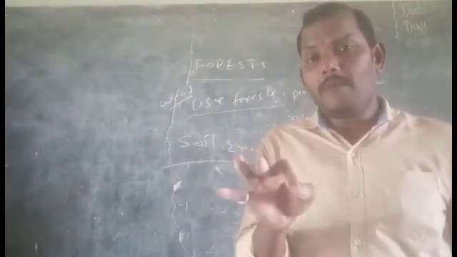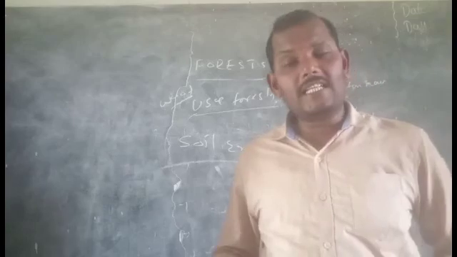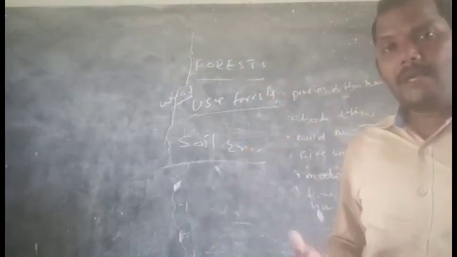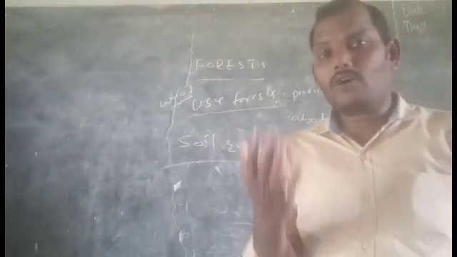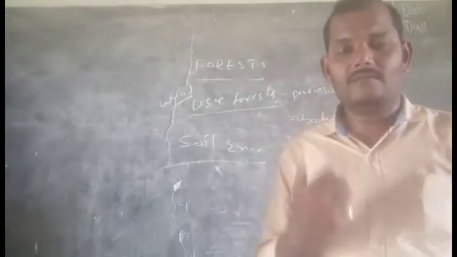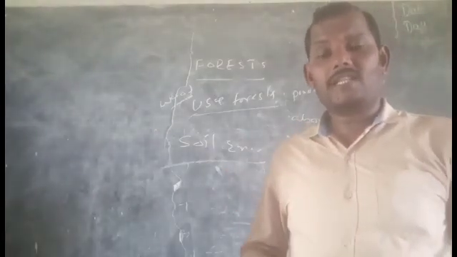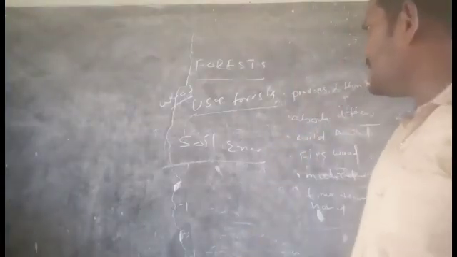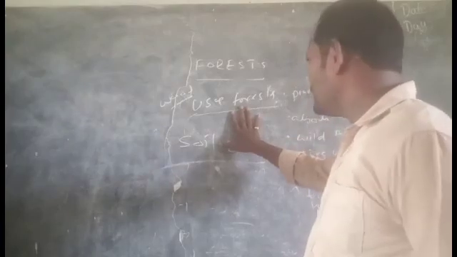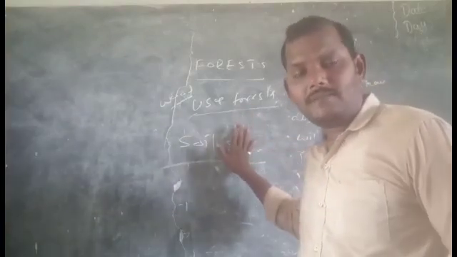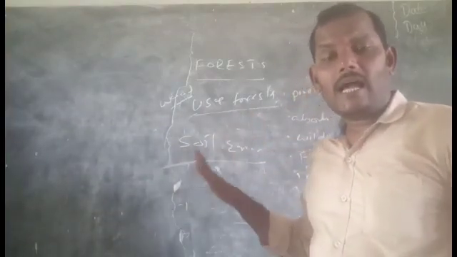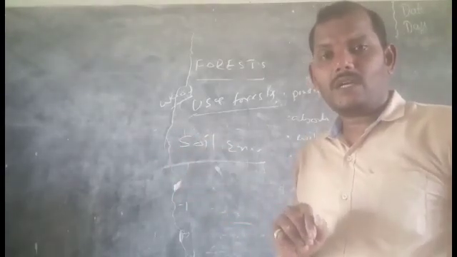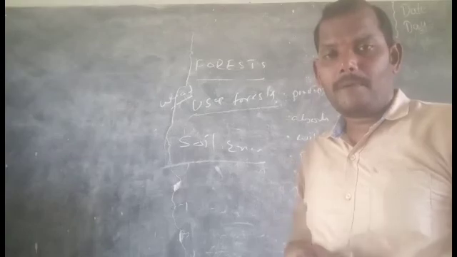That's why the governments make so many acts for controlling deforestation. Are you understood what we are discussing in this lesson? Uses of forest and deforestation and how deforestation affects the life of people.